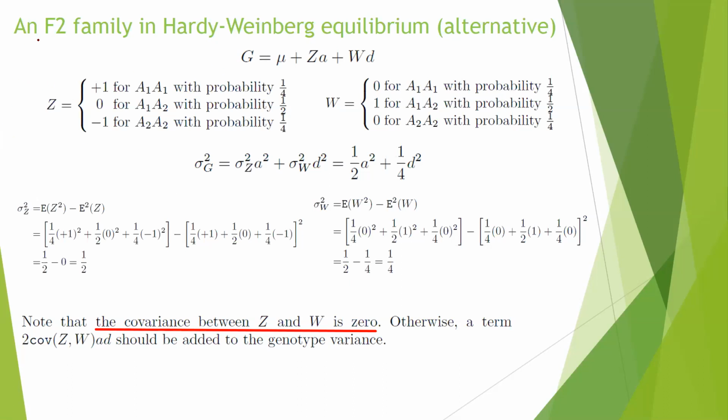All right, so this is how we do this. Suppose we're talking about a special case, an F2 family in Hardy-Weinberg equilibrium. This is the linear model we can use. We want to test the association with the phenotype. This is the expected phenotype, and this is the intercept.